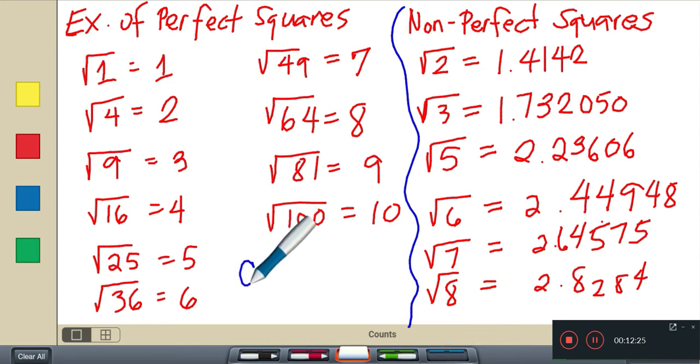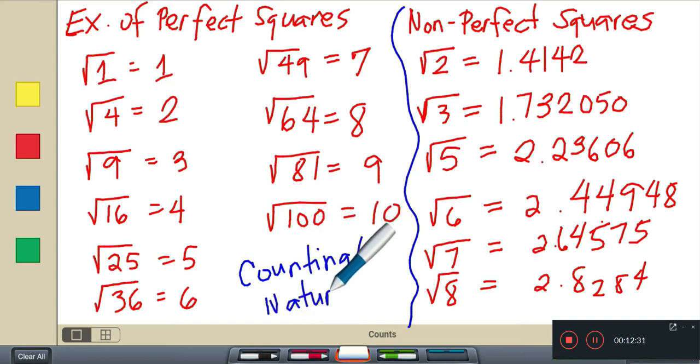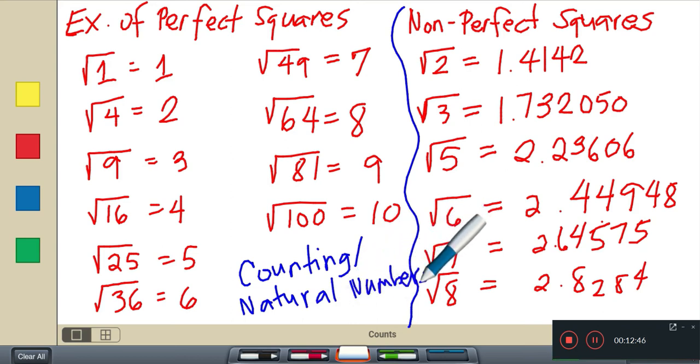They're in counting numbers. Counting, natural numbers. My pen here is not working well. So natural numbers.